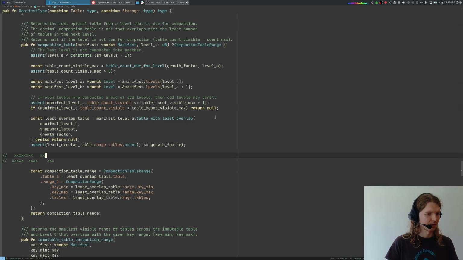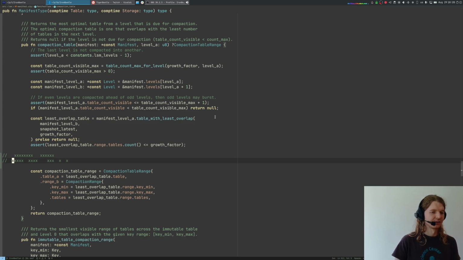Okay, let's say our growth factor is 3. So the worst case we could do is that we have 2 tables on the first level and, with growth factor 3, 6 tables on the second level.